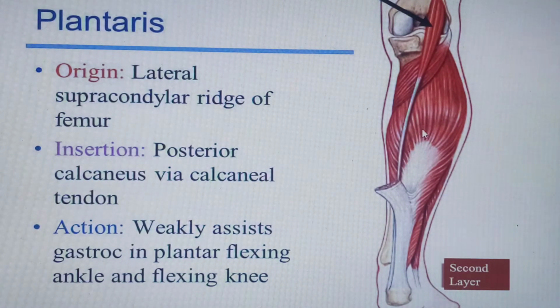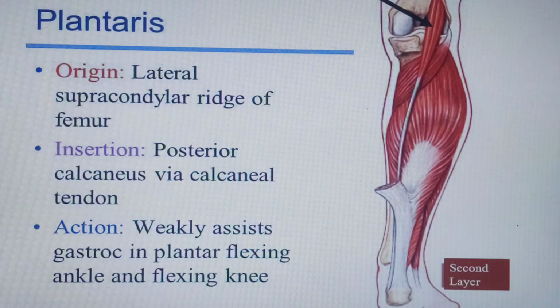Get to appreciate that its tendon is very long. Some people may confuse it for a nerve, and that is why we call it the freshman's nerve.